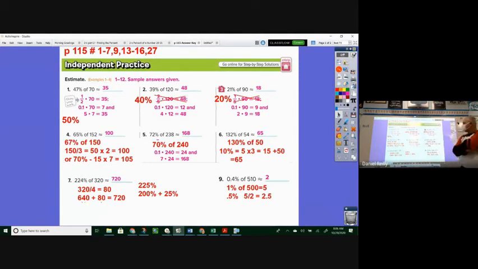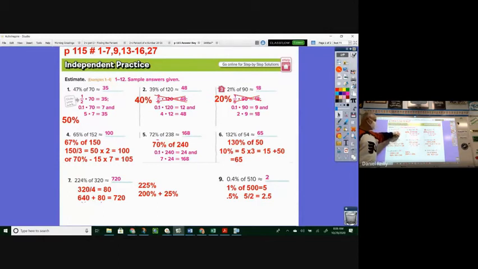Okay, so page 115. More estimating problems. A lot of these you had to change the numbers to make them easy numbers to do in your head. Like 47%, not gonna do that. I'll make that 50%, which I can then get half of 70.